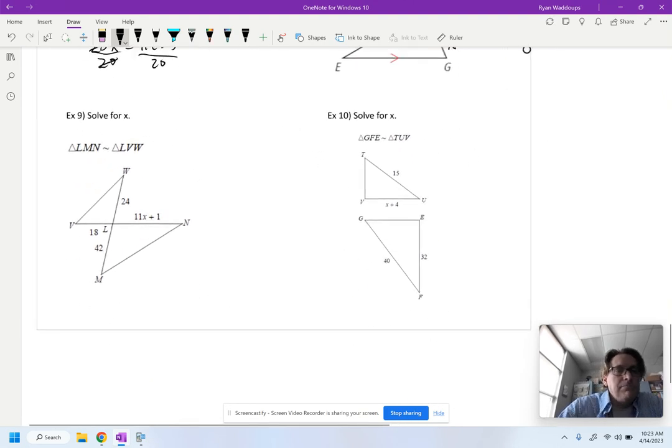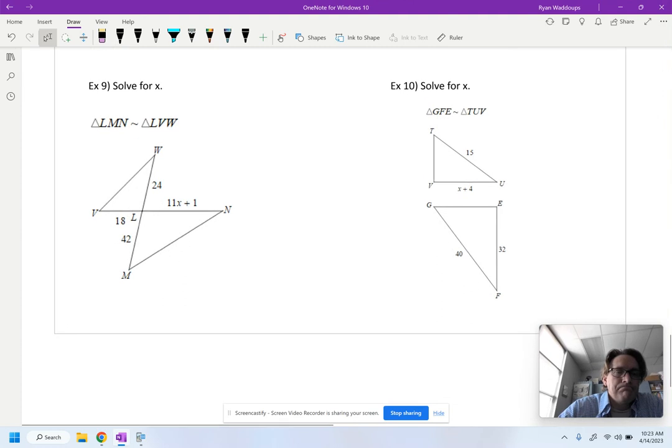All right, in example 9, solve for x. They've given us the triangle LMN is similar to triangle LVW. Let's see here, LM.